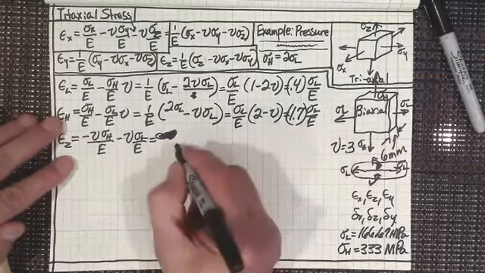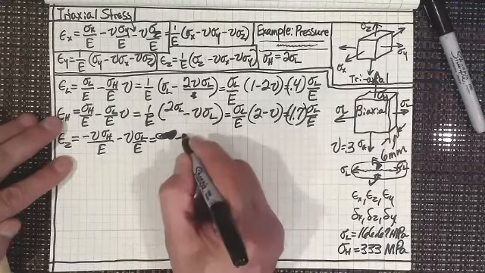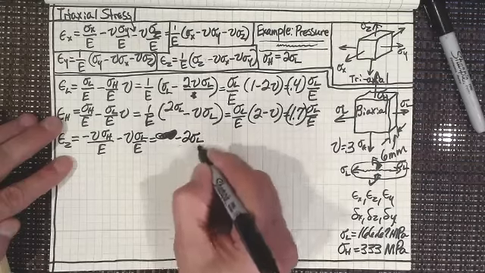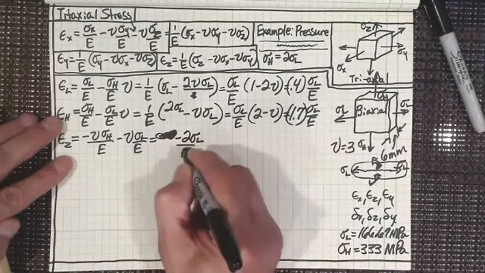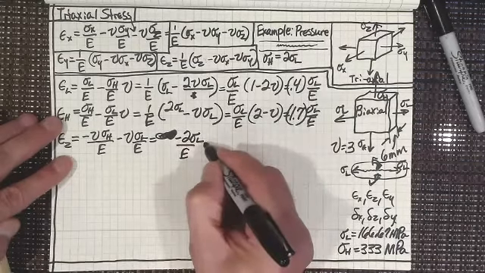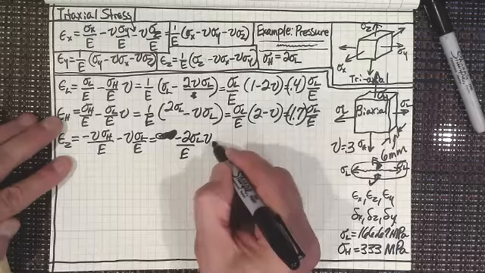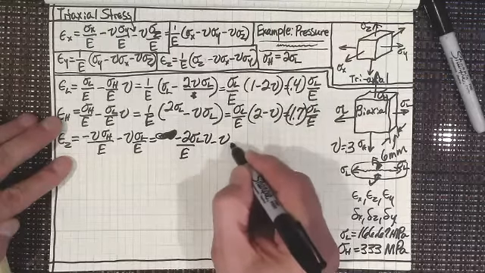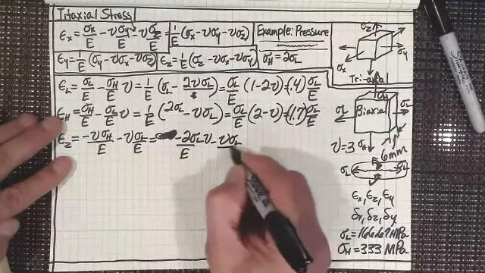Minus 2 sigma sub L over E times Poisson's ratio minus Poisson's ratio times sigma sub L over E.